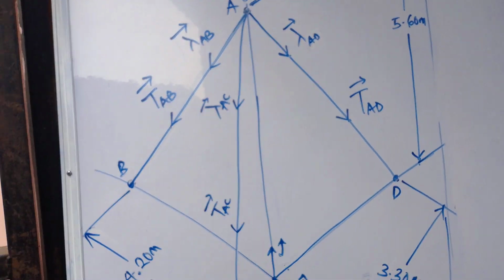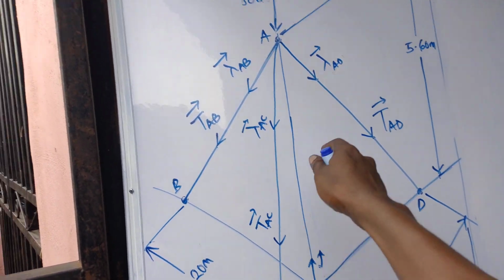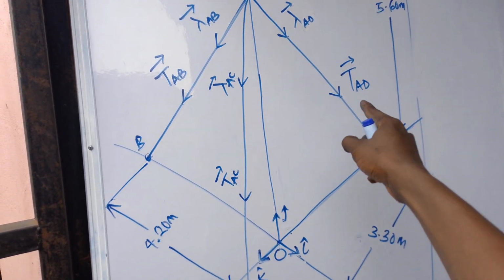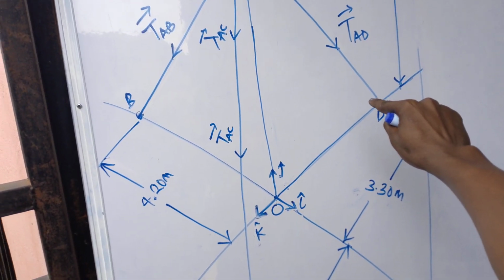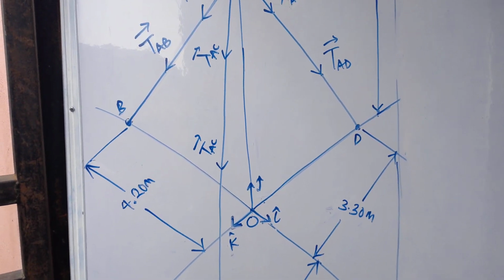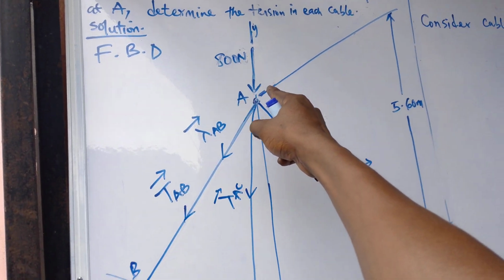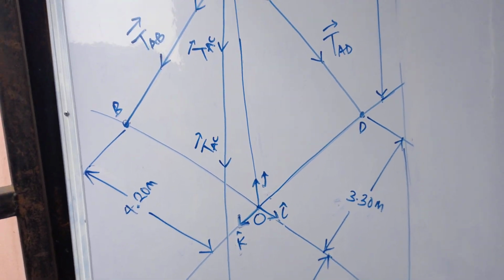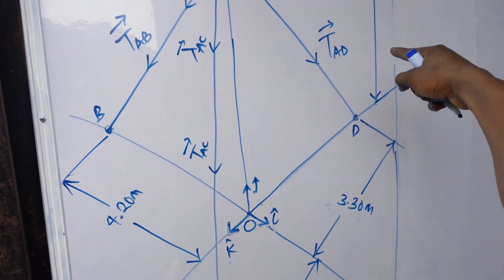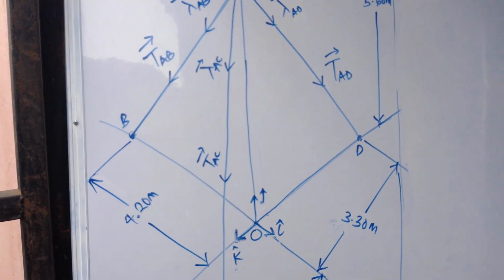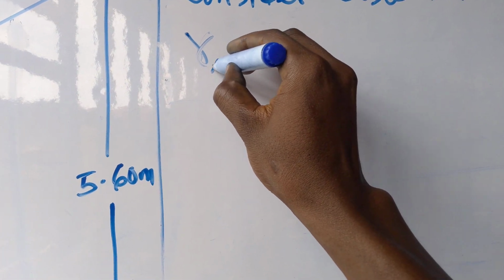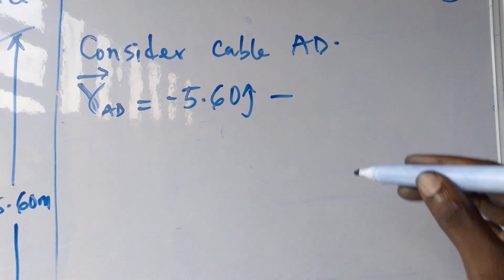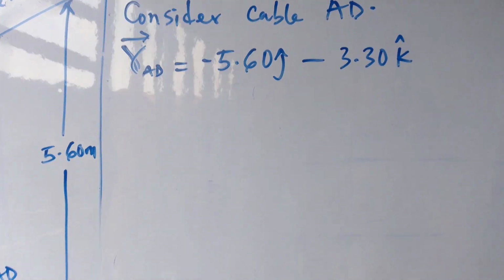Let's move from A to D. From point A, I come downwards, that is minus 5.60 J, and then I go straight to D, which is minus 3.30 K. So RAD equals minus 5.60 J minus 3.30 K.